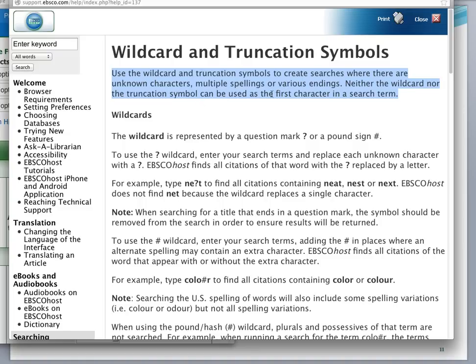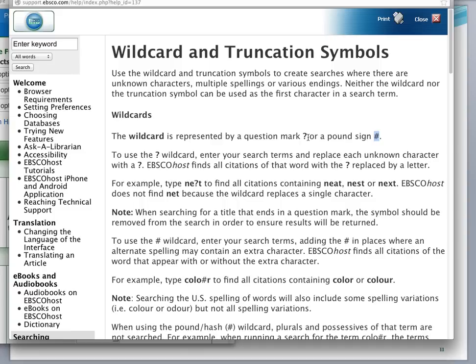So you cannot use the wildcard or the truncation as your first character in a search term. They have to be within the word, the search term. The wildcard is represented by a question mark, okay, that's similar to Dialog, and by a pound sign. And so we have here two characters, the question mark and the pound sign.